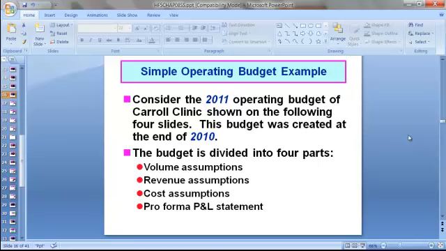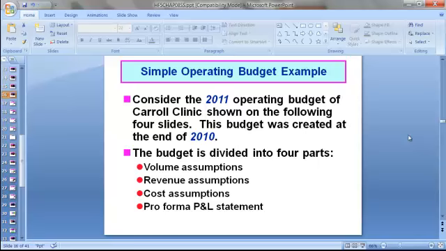So let's start with a simple operating budget. My Excel spreadsheets follow the exact numbers in the operating budget that is in the book, so you can see in Excel how it all pulls together. I've added a few other little things in, and then we can also see how all the variances are calculated.